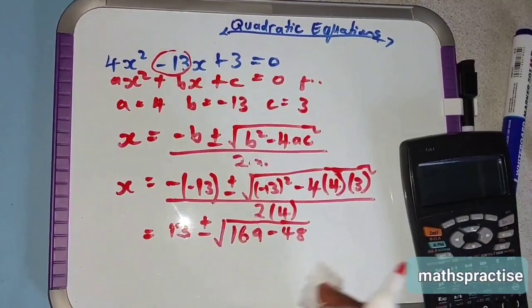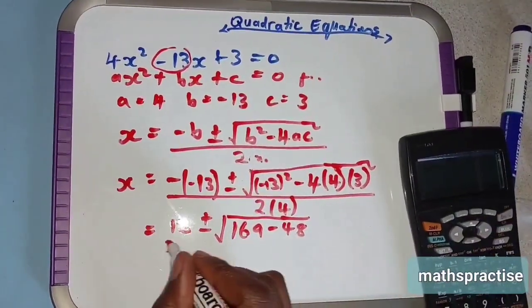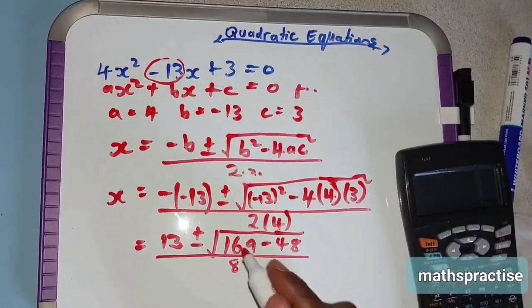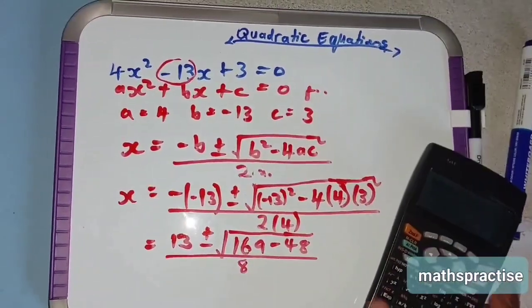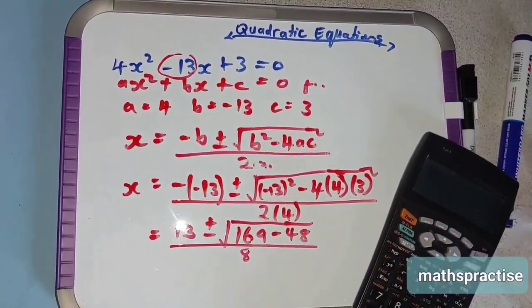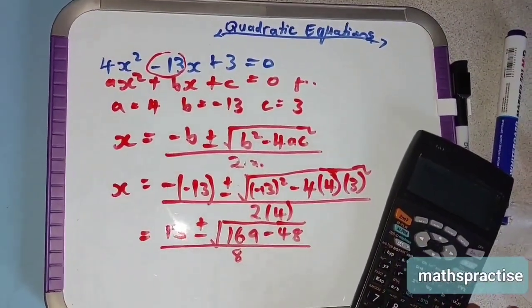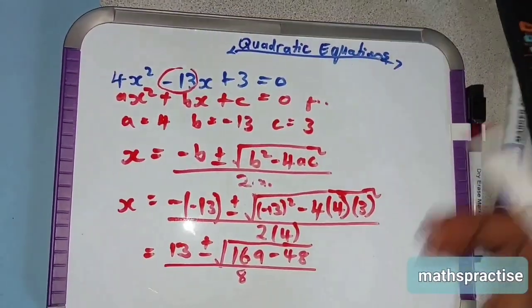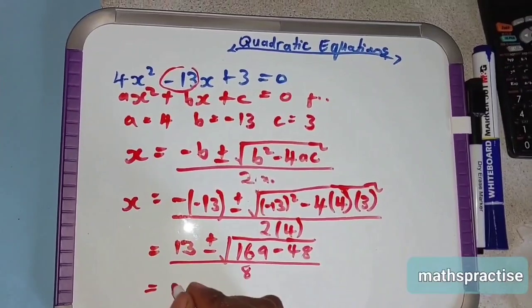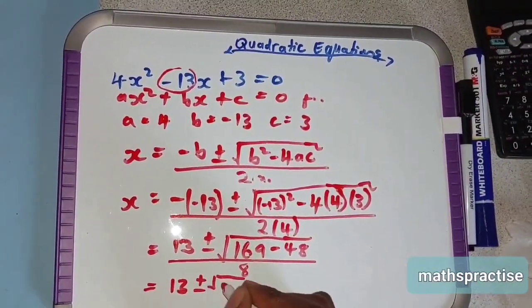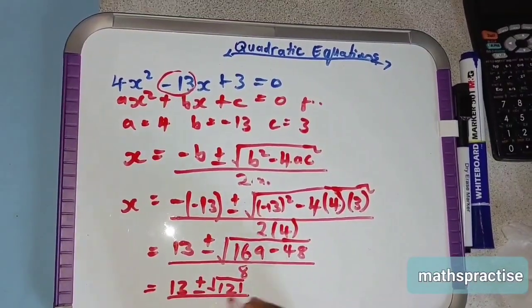And if we further simplify, divided by 8. If we further simplify from the square root, we have 169 minus 48. Okay. And that's 121. So 13 plus or minus the square root of 121, divided by 8.